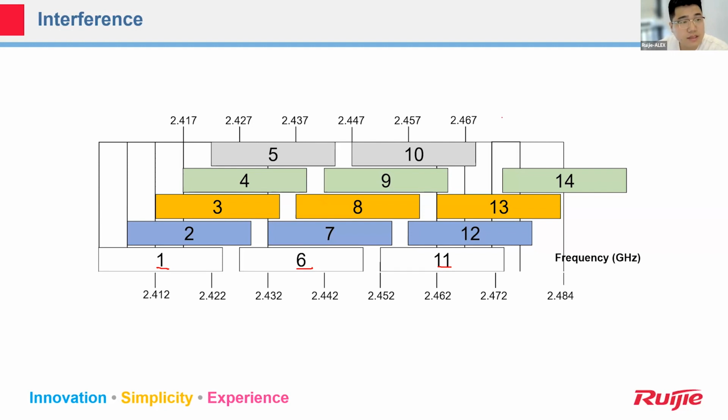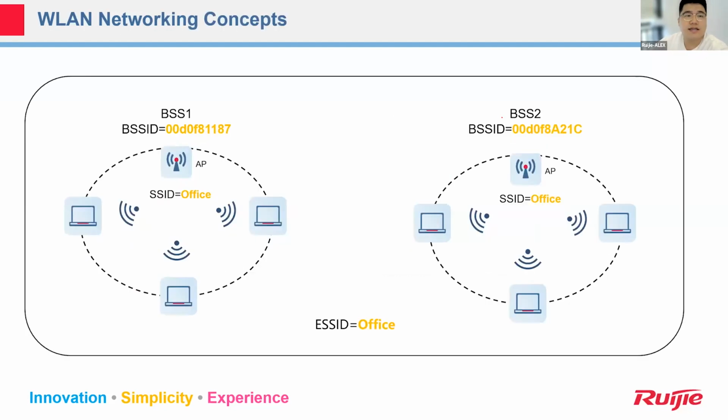Okay, and then let's go to the next part. Next are some other concepts. The first we should know is the SSID. Here we have two APs, right? They have the same SSID, which is office.